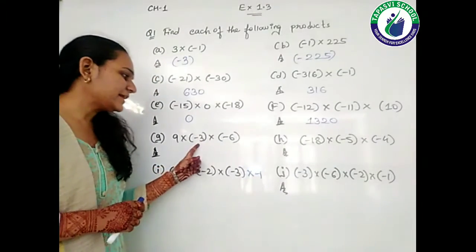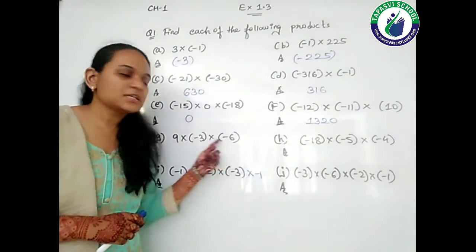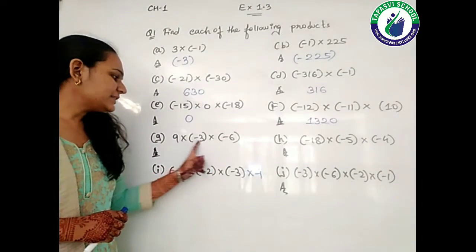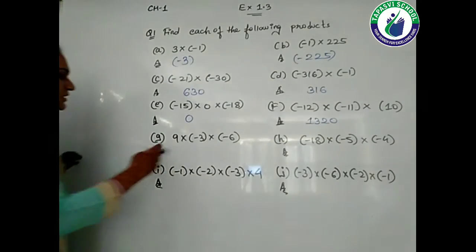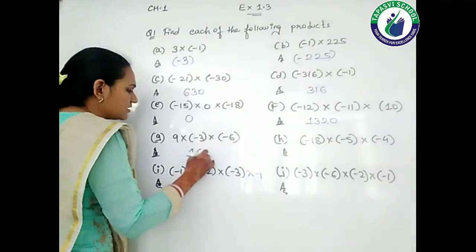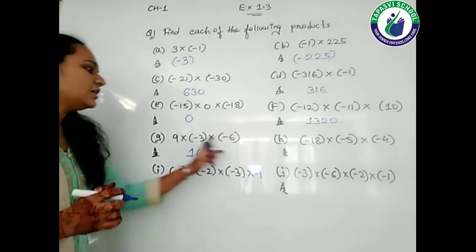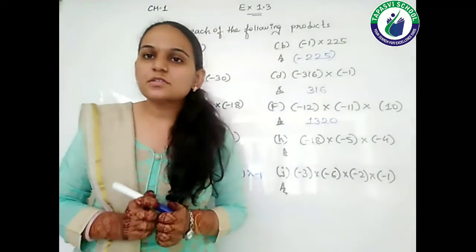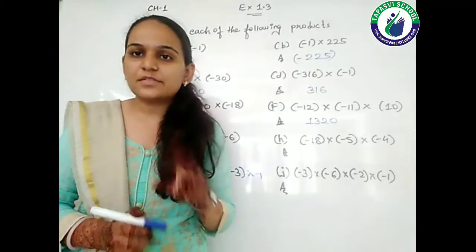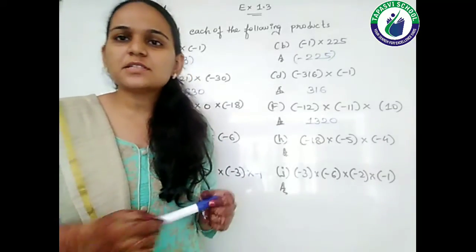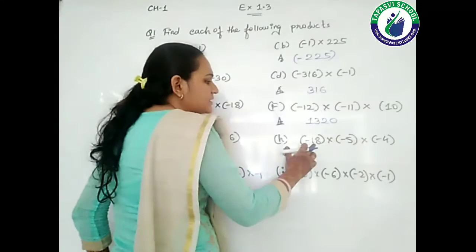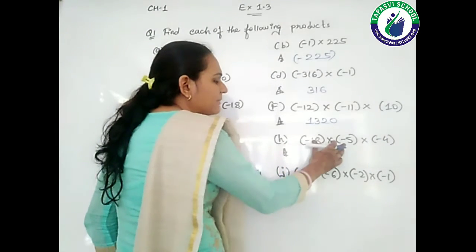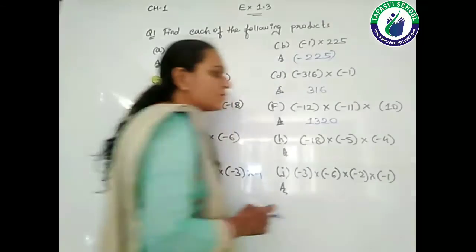Okay, students, see the next question now. 9 multiplied by minus 3 multiplied by minus 6. Now 9 3s are 27, and 27 6s are 162. And how many times is the negative sign there, students? The negative sign is coming 2 times, that means an even number of times, so minus minus becomes plus. Next question, minus 18 multiplied by minus 5 multiplied by minus 4.